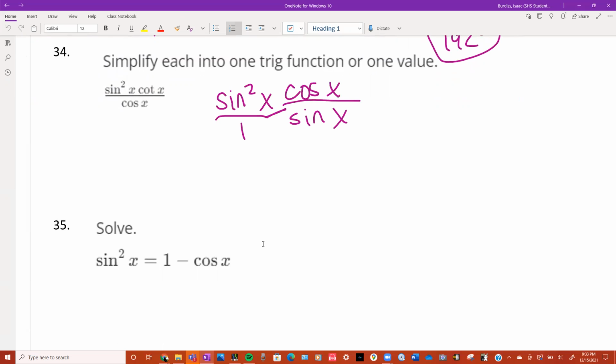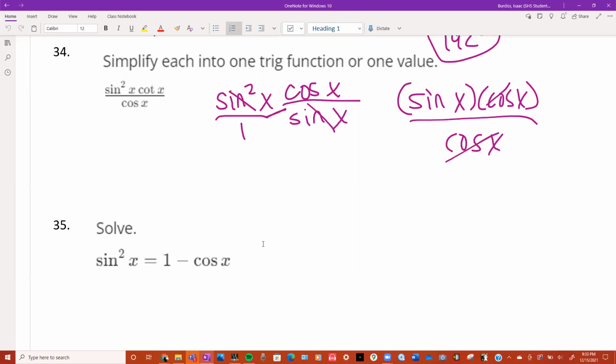So these would somewhat cancel out and give you sine x and cosine x on the top over cosine x. The cosine x's cancel out, so you only have sine x, and that is the correct answer.